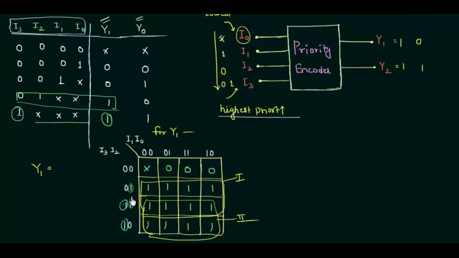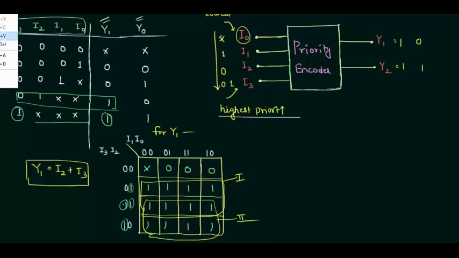The only thing that's not changing is I2. So I will write I2 for the first group. For the second group, in the same way, I3 is not changing, it's 1, whereas all three of I2, I1 and I0 are changing from 0 to 1. So I will write I3. So this is your first function, Y1, we have just found out.